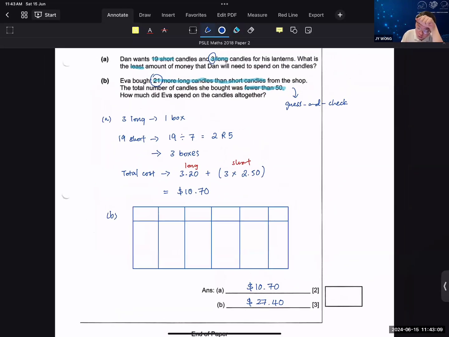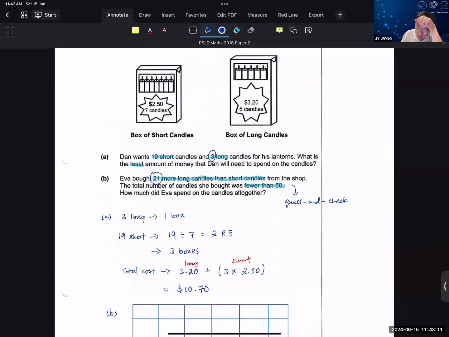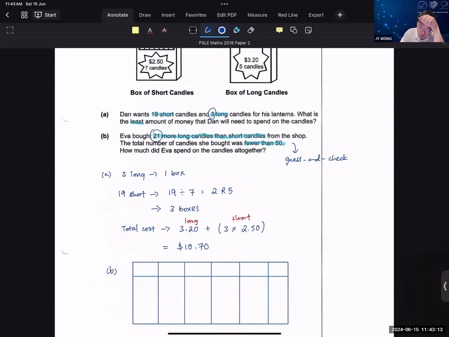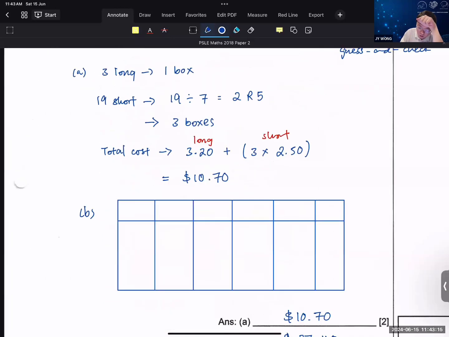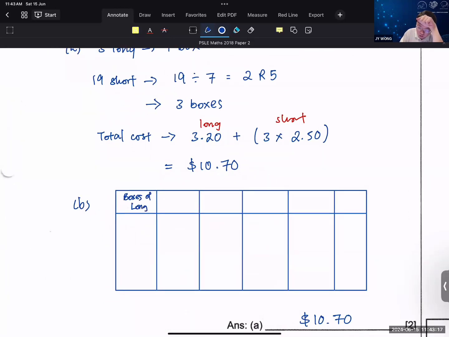She bought more long candles, right? So you start off with boxes of long candles. And therefore the number of long candles. And then number of boxes of short candles. And you will find the number of short candles.